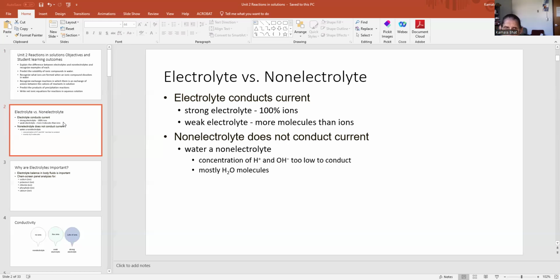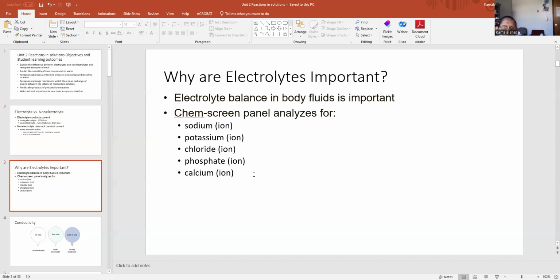Non-electrolytes do not conduct current. Water is a non-electrolyte. The concentration of the H ion and OH ion in water is too low to conduct. Therefore, we can say that water mostly consists of H2O molecules.